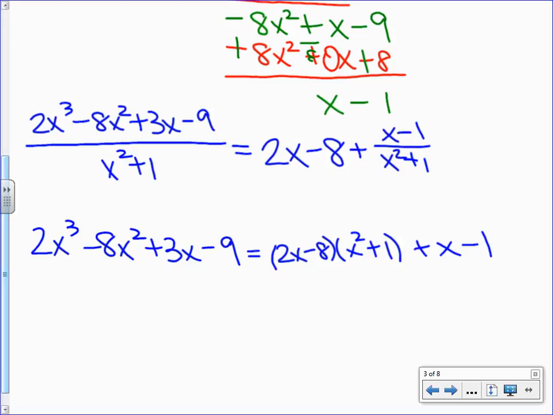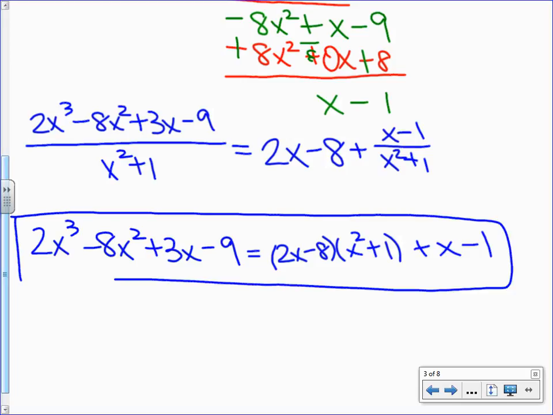This is that division algorithm we talked about on the previous page, where the dividend is the quotient times the divisor plus the remainder. It's just a different way of writing your dividend.